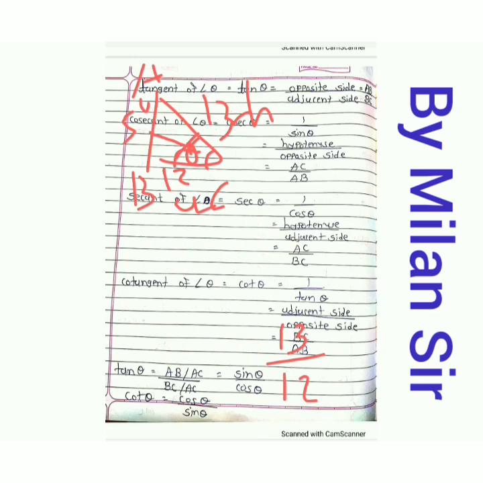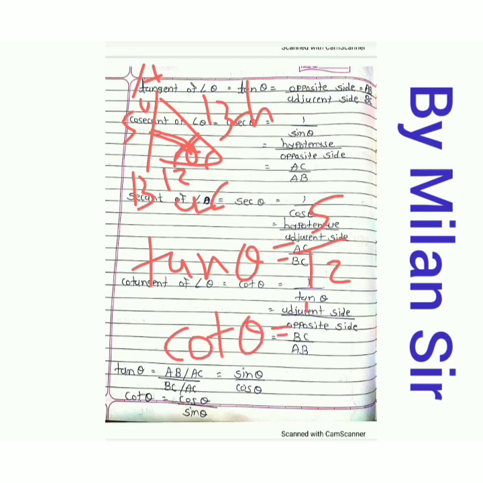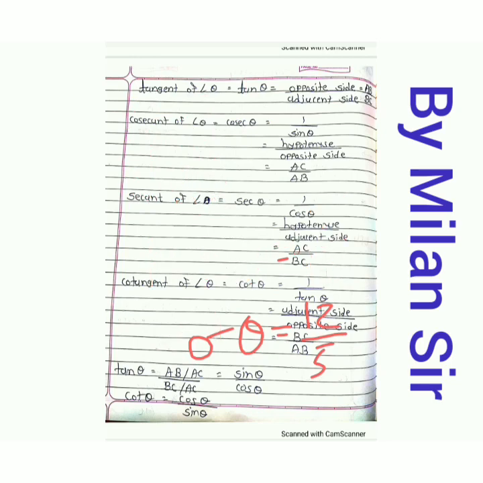Then tan theta. Tan theta is equal to opposite upon adjacent. Opposite 5, adjacent 12, so 5 upon 12. Then cot theta, it is inverse of tan theta, so 12 upon 5, adjacent upon opposite. Now one more formula of tan theta in terms of sin theta and cos theta.